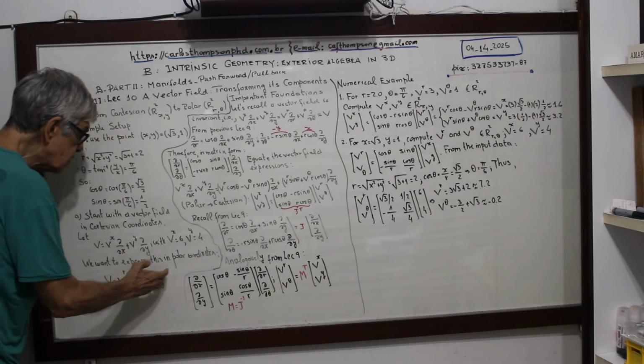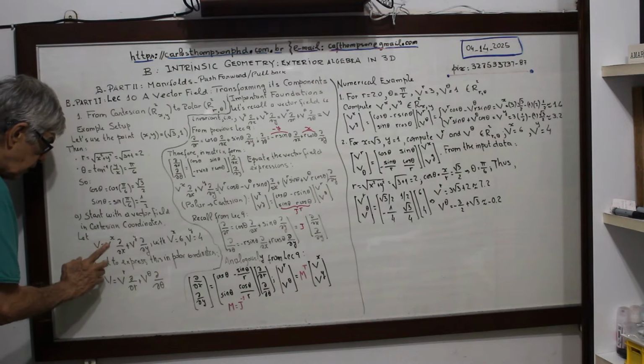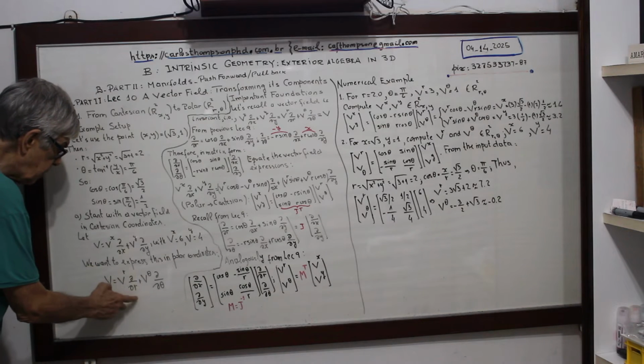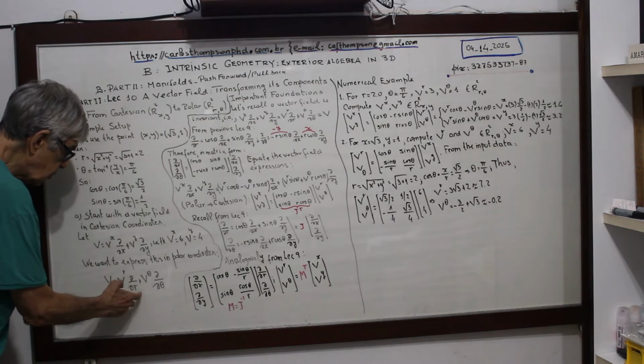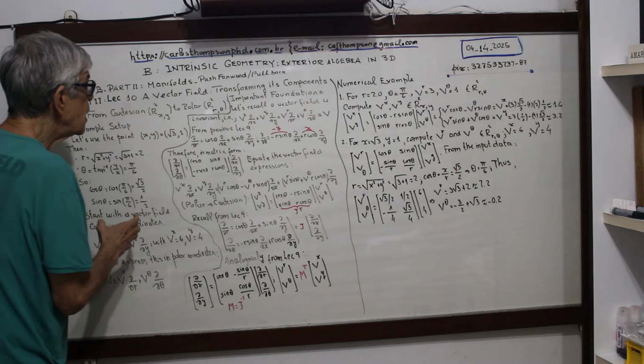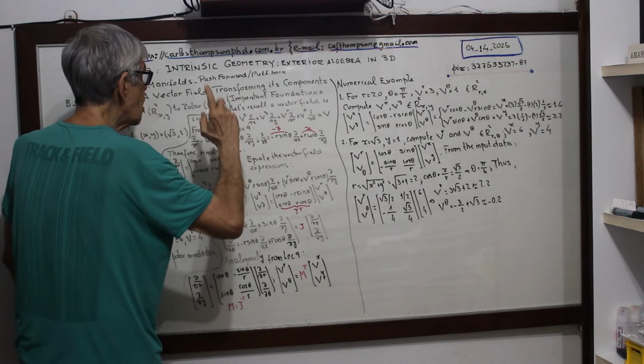We want to express these in polar coordinates, that's invariant. You see the same V, okay? This is Vr partial with respect to r, and V theta partial with respect to theta. Now, important foundation. Attention now.